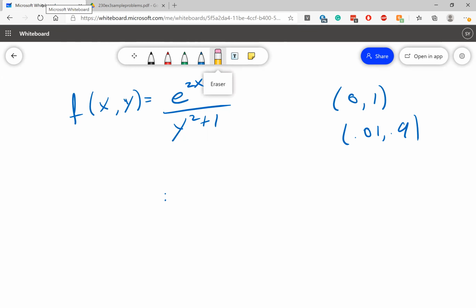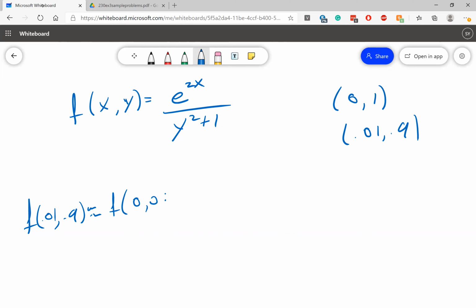So once again, we would have that f at the point 0.01 and 0.9 is approximately f at (0, 1) plus the partial of f in the x direction times x minus 0, plus the partial of f in the y direction times y minus 1.